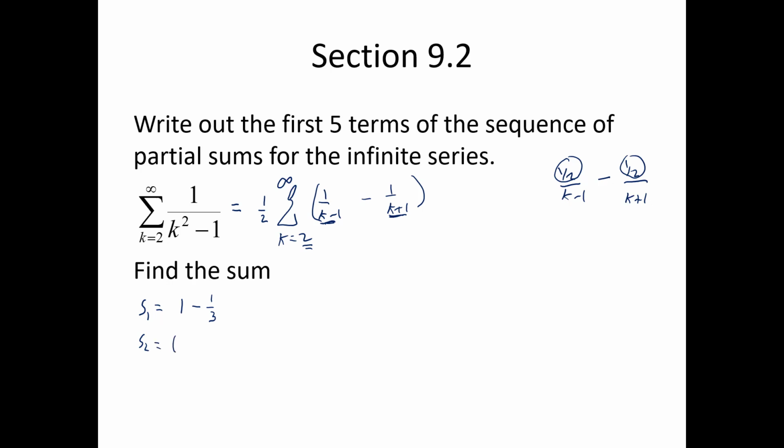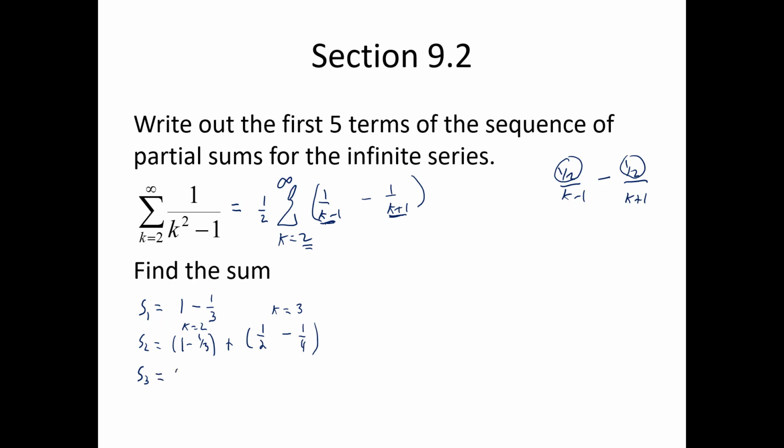S2 is this 1 minus 1/3 plus the next term, which is when you plug in 3: 1 over 3 minus 1, which is 2, minus 1 over 3 plus 1, which is 4. So this is k equals 3, and this one's k equals 2. Nothing cancels out. Nothing is happening yet.